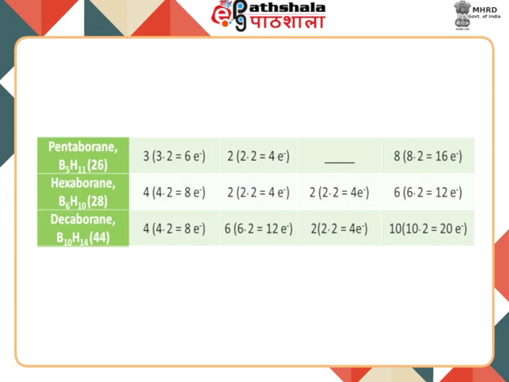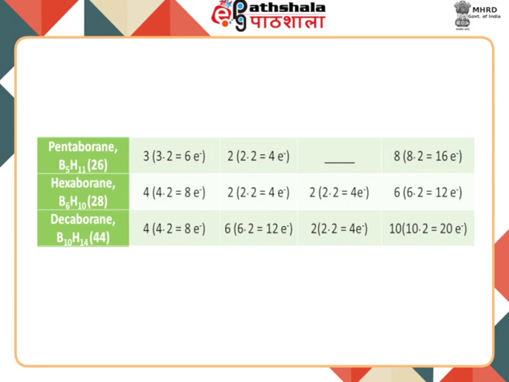In pentaborane, B5H9, we see that there are 4 BHB bonds and there is 1 BBB bond. In pentaborane, that is B5H11, there are 3 BHB bonds and 2 BBB bonds.